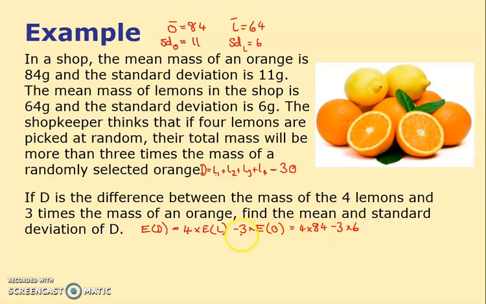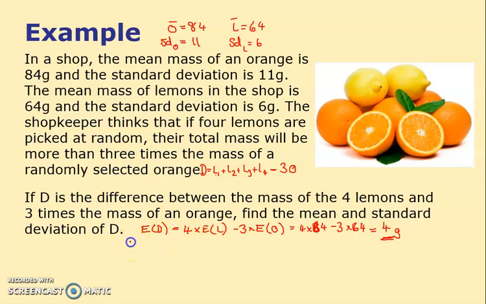Have I got that the wrong way around? Yes, I have. It's 4 times the 64. It's 4 lemons minus 3 times an 84. So what's this mean? 4 times 64 minus 3 times 84. I get 4. Not sure if that's right or wrong, we'll find out in a bit. And that's 4 grams. Now, that's what I'd expect to happen.